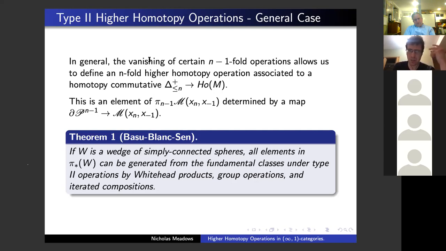Basically his theorem said that if you look at stable homotopy groups, then the Toda brackets and these operations that I mentioned, the Whitehead products, etc., will generate the stable homotopy groups. And this definition here is for just the homotopy groups we've talked about.